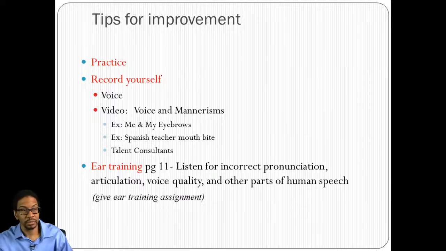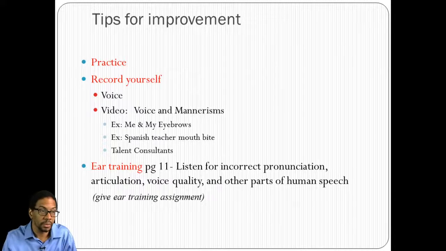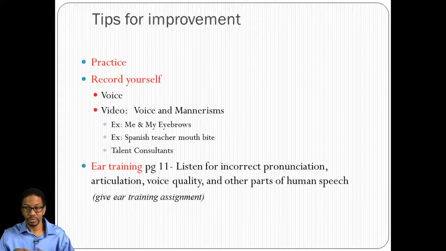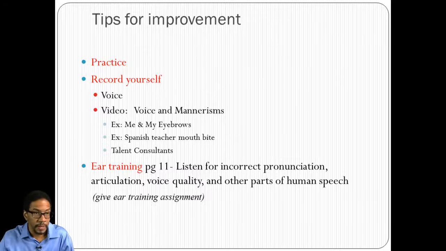So also recording yourself video-wise, so that way you get your voice, but you also get your mannerisms. Now, that's important because there may be something that you do while you speak that you are unaware of. So a long time ago, when I was in college and doing reporting and anchoring on school TV shows, one problem that I had, and this is not just on television but just in life, I had my eyebrows up all the time.